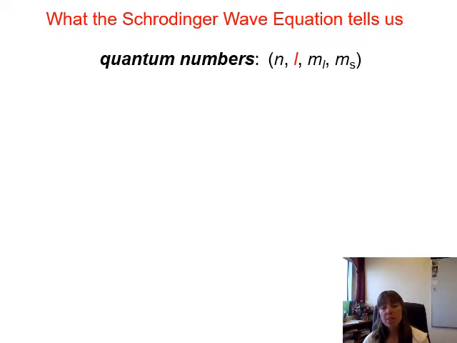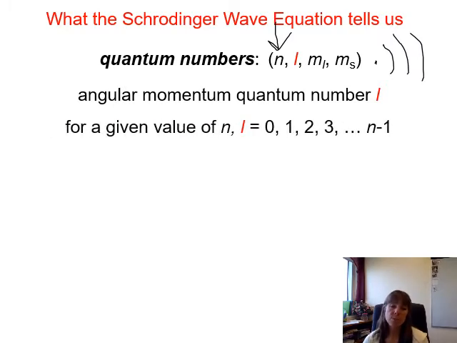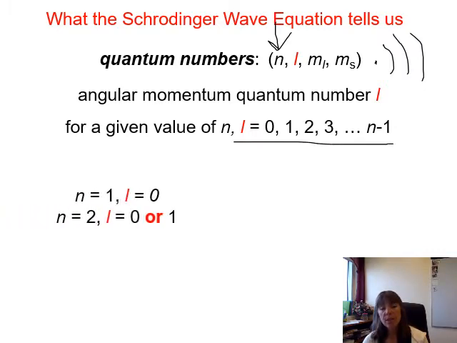Let's go on to our next piece. This was n, and n was the principal quantum number, said how far away it was from the nucleus, if this was the nucleus. This L is going to describe the angular momentum. It's called the angular momentum quantum number. And those values are numbers, that's true, but they describe a certain thing.